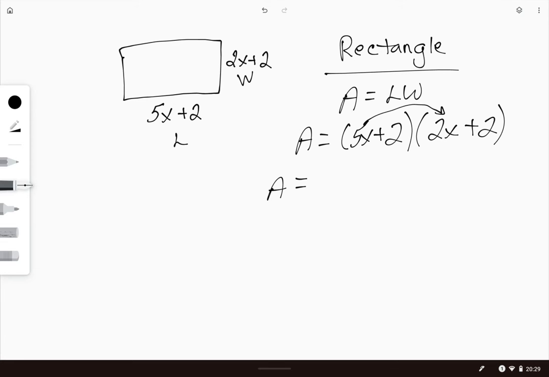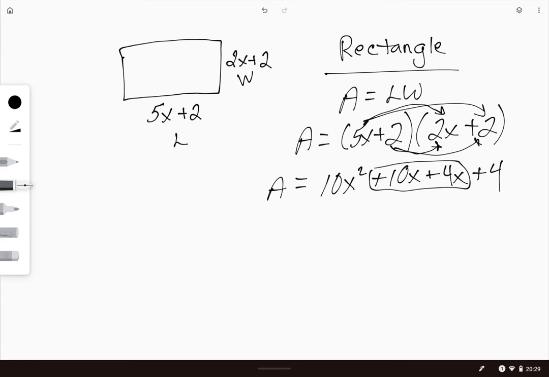So 5x times 2x is going to be 10x squared, and I keep the base and add the exponents. And then 5x times 2 is going to be plus 10x. And then 2 times 2x is going to be 4x. And then 2 times 2 is going to be plus 4. All right, so now that I've done FOIL, I need to combine these like terms.